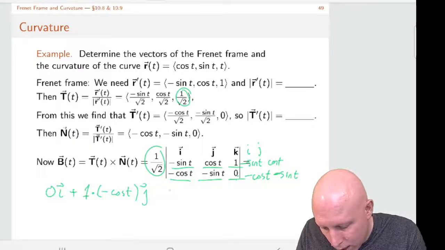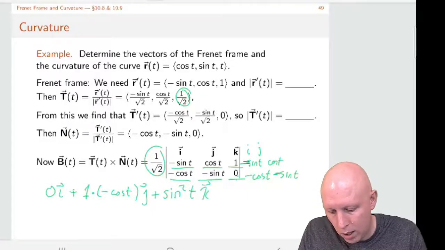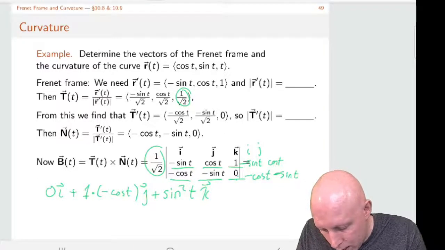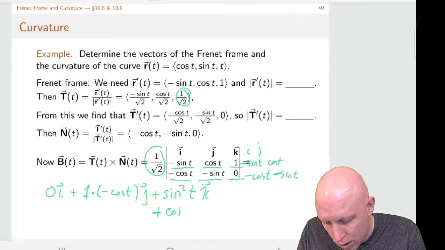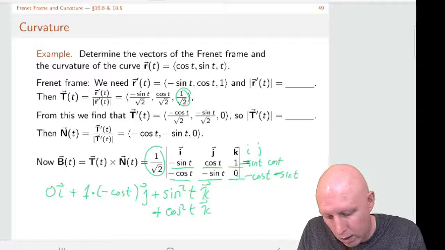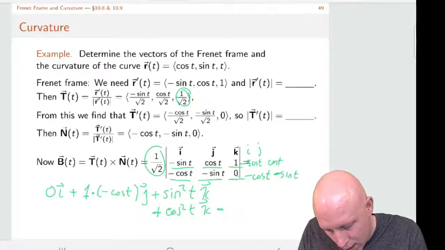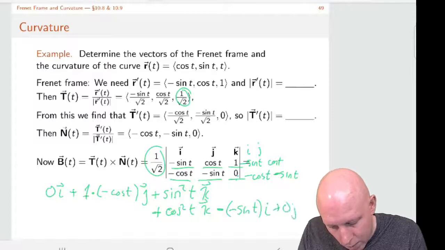K gives us sine squared of t times k. And then the other direction, we have negative times negative cosine squared of t k. We have what in terms of i? We have minus negative sine of t i, and we have 0 j.